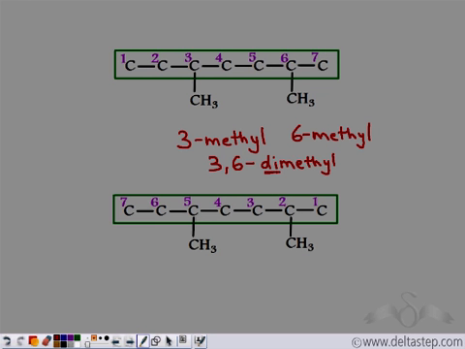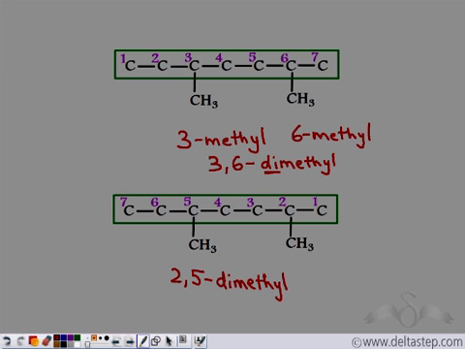We see one methyl group is at position number 2 and the other is at position number 5. So we get 2,5-dimethyl. Now, in this case, we have 3,6-dimethyl. Here we have 2,5-dimethyl.